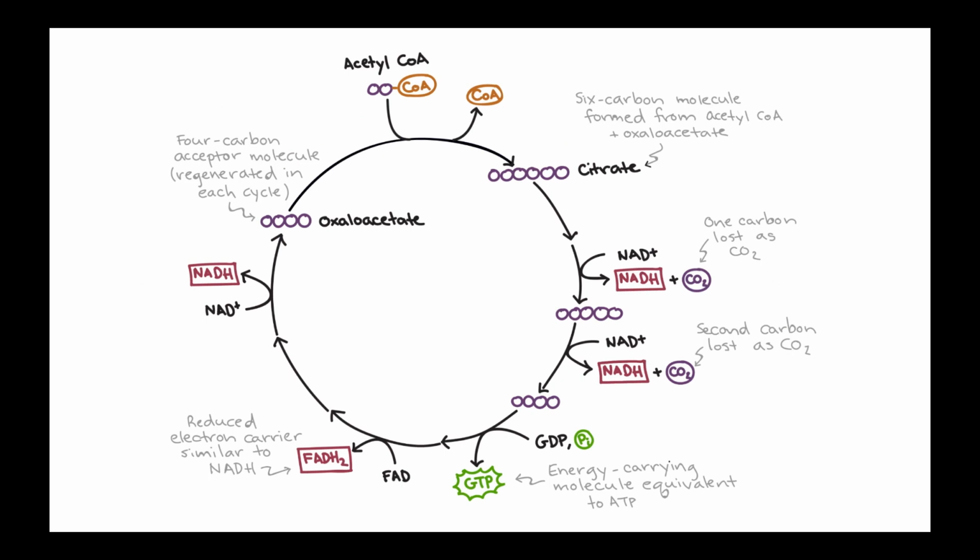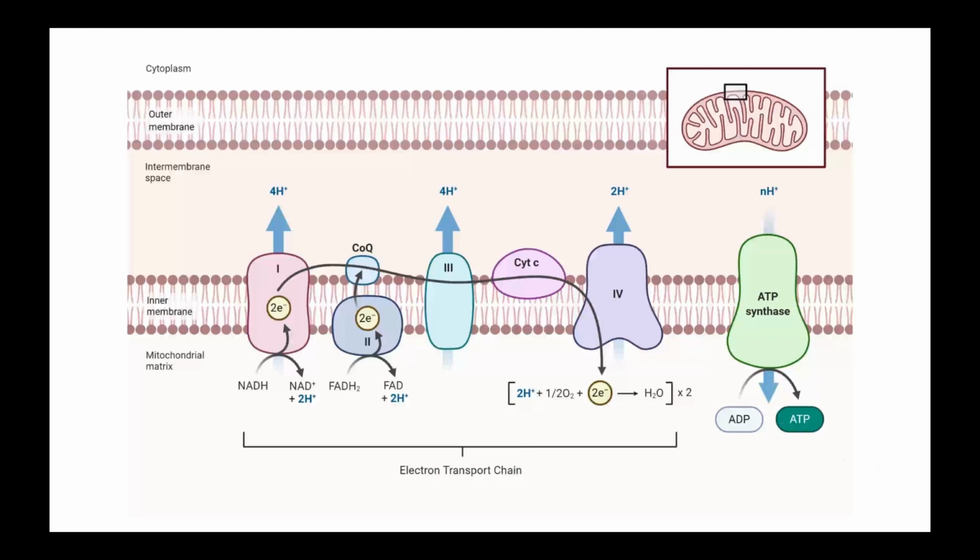Finally, in the electron transport chain, which is located in the inner membrane of the mitochondria, like in the chloroplast, electrons from NADH and FADH2 are used to power the proton pumps to pump hydrogen ions from the mitochondrial matrix into the intermembrane space, which creates a hydrogen ion gradient.